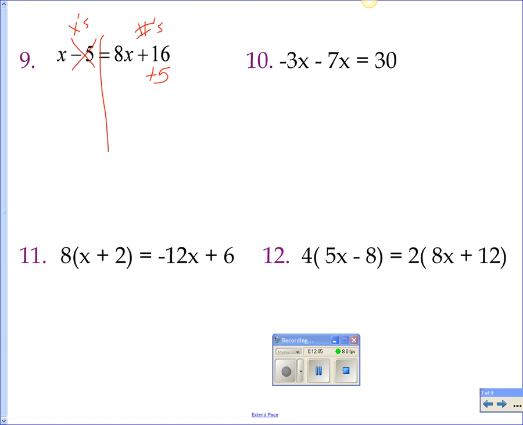Very good. And it becomes what? Very good. And I'm going to put a 1 with that one right there. Okay. So 1x minus 8x is -7x. And 16 plus 5 is 21. And Caitlin, what would you have to do next? And what does that give you, Caitlin? Very good.